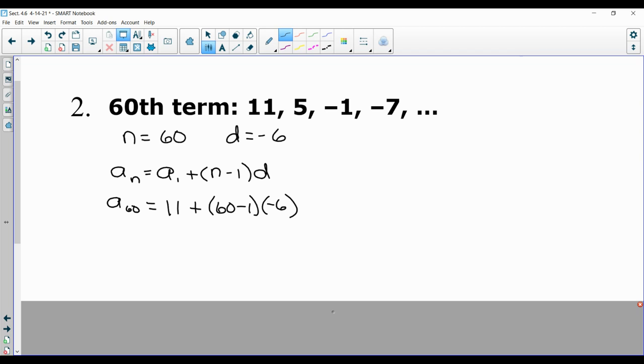All right, multiply then. That's what we're going down by. And so I get 11 plus negative, what is that, 354? 343.